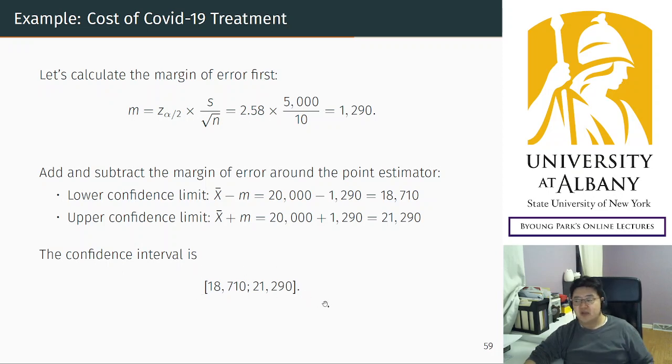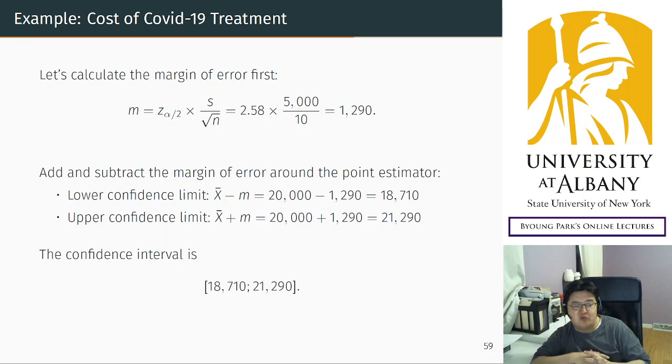That means the expected cost of a COVID-19 patient is estimated to be between $18,710 and $21,290. It must be somewhere in between them. So that probability is 99%.